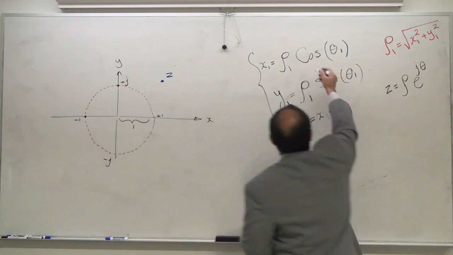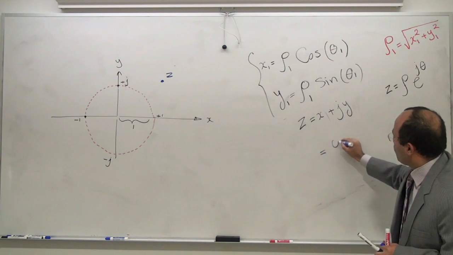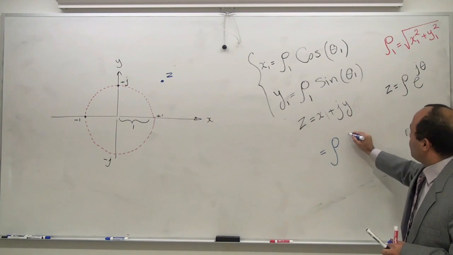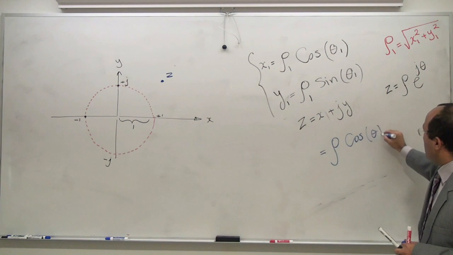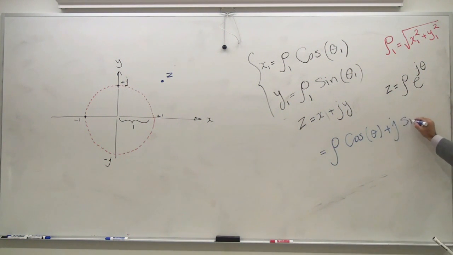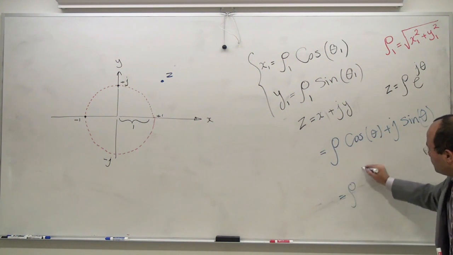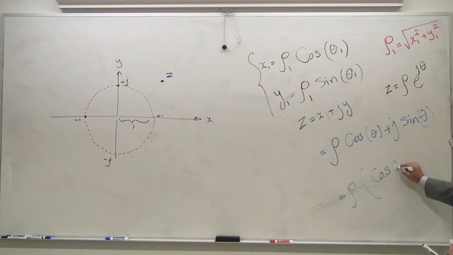So if I wanted to replace this, what do I get? It's going to be rho cosine theta plus j sine theta. Okay?